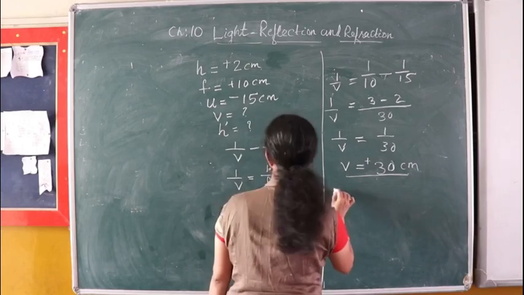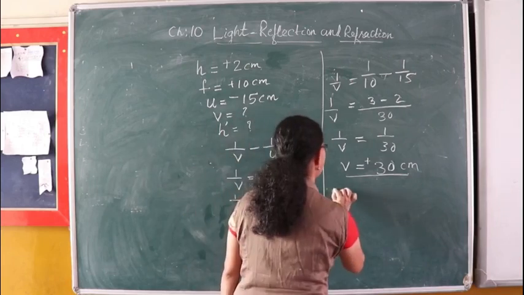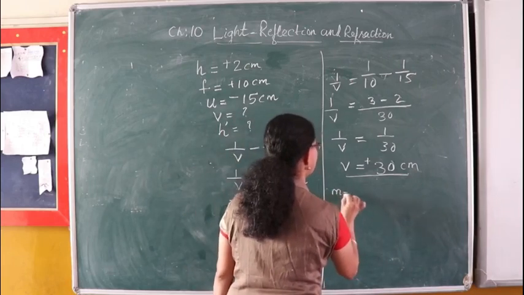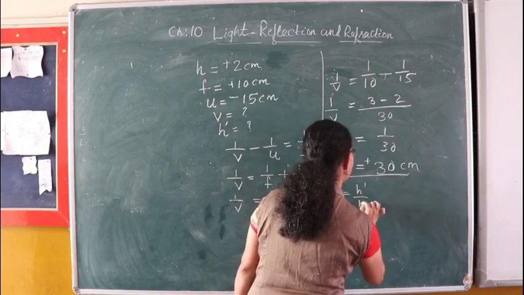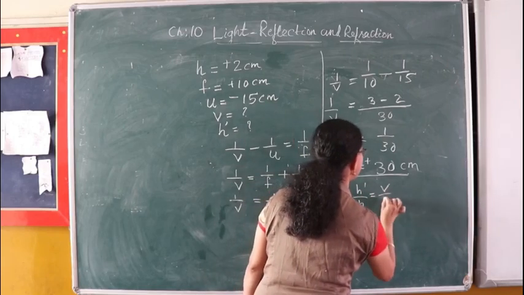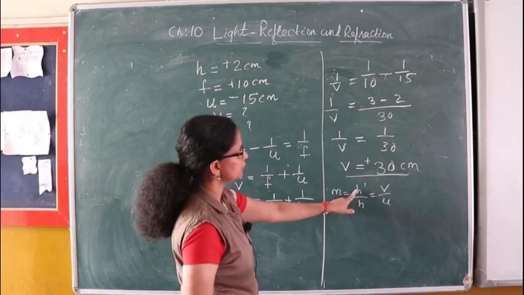Height of the image, since the magnification m is equal to h dash upon h, that is also equal to v by u. We can find out h dash by substituting.